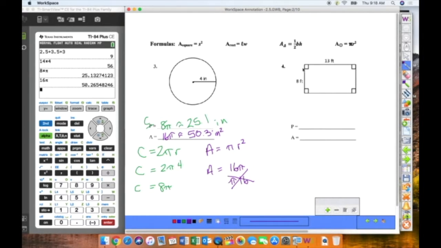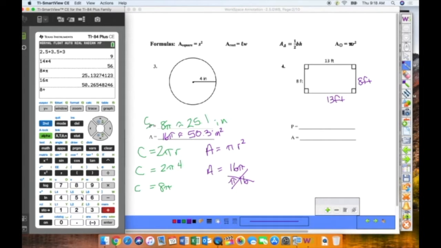And this bad boy right here is a rectangle. Notice it's got 4 right angles for this quadrilateral, but the sides are not the same, so it's not a square. So what we probably remember from back in middle school is that opposite sides of a rectangle are equal. So if that's 13, then this is 13 feet. If that's 8 feet, then this is 8 feet. And the perimeter, it's just time to add them up.